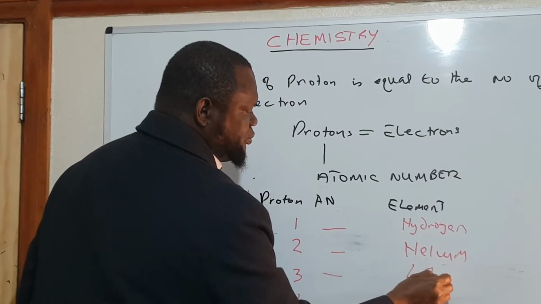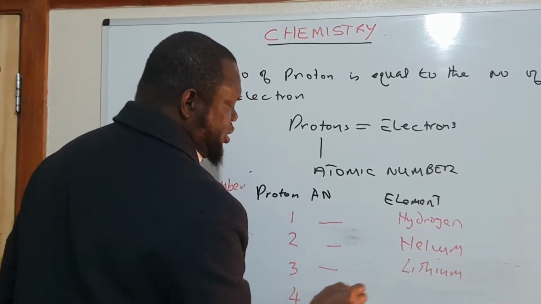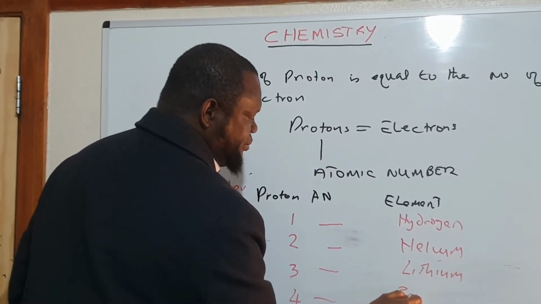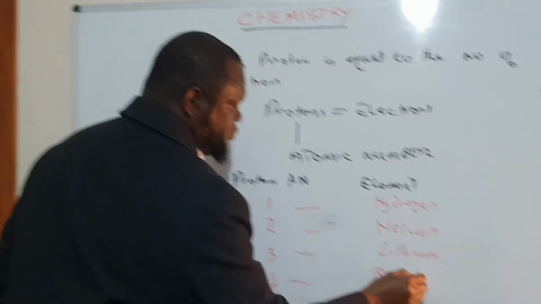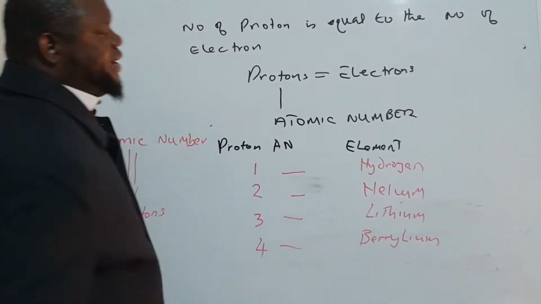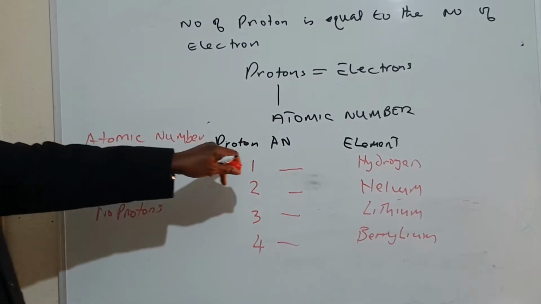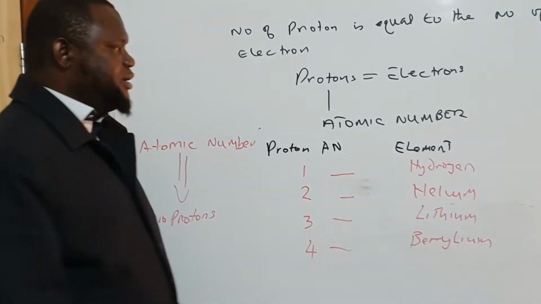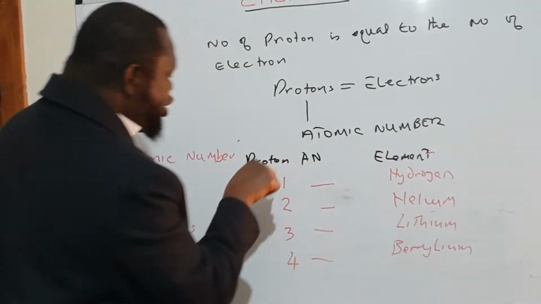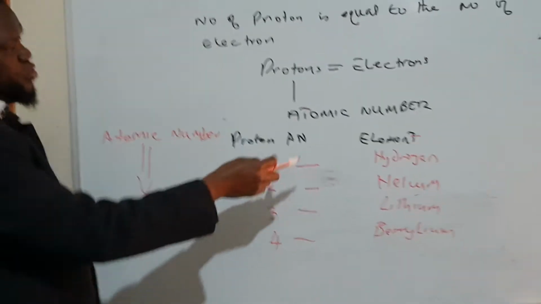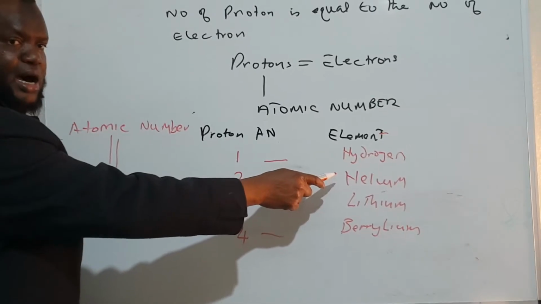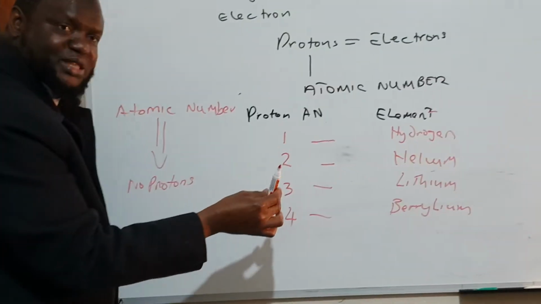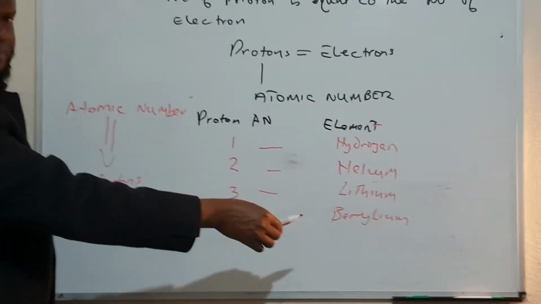And if it is 4, we'll call it beryllium. So basically, the atomic number determines what type of element we are dealing with. If there is only one proton in the atom, we will call that hydrogen element. So you can see the difference between atom and element.